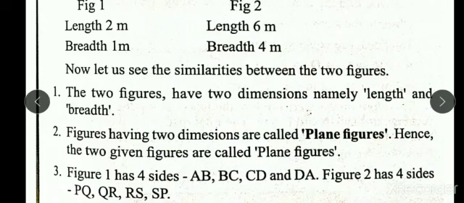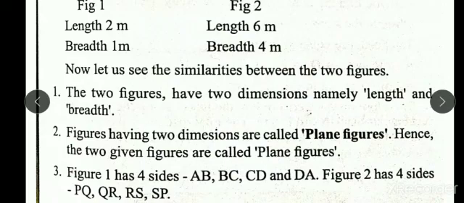Means the figures which have length and breadth are known as plane figures. If the figure has length, breadth and height, then it is not a plane figure, it is a spatial figure. This is a plane figure where length and breadth are only present, not height.